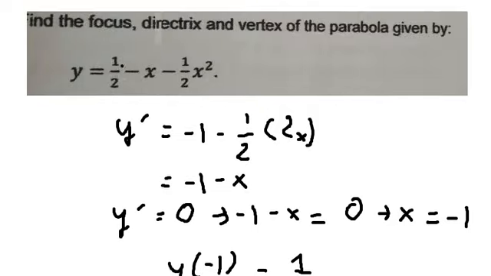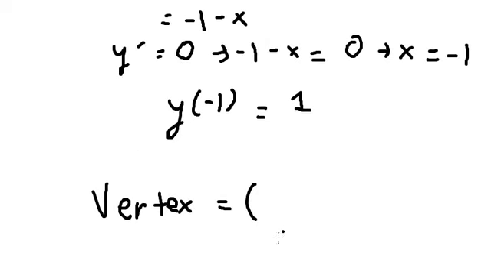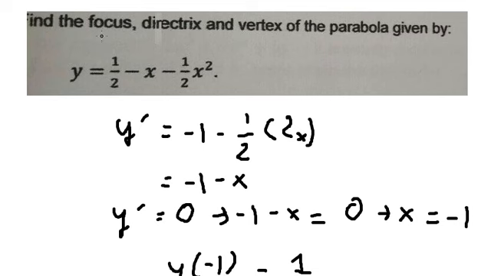And we can say the vertex of this one is negative number 1, positive number 1. This is x, this is y. Now we need to find the directrix and focus.